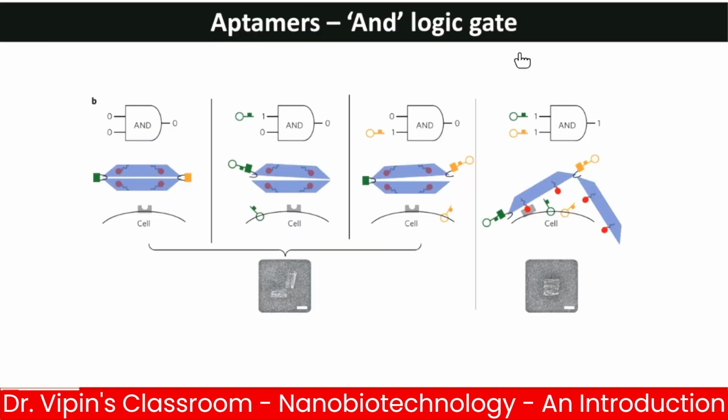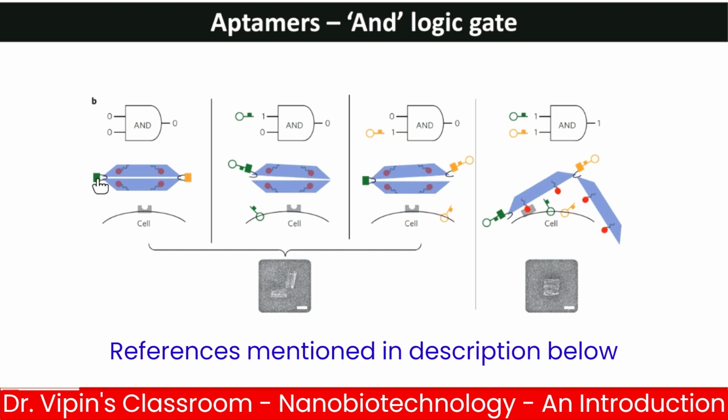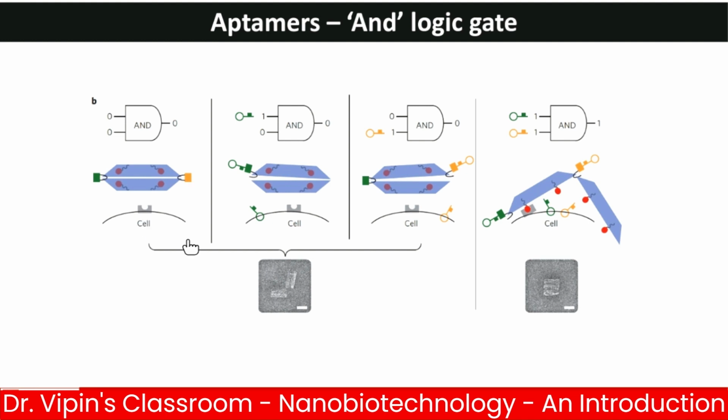So let's say you want to specifically target a subtype of cell within a large population of cells, a very specific subtype of cells. So what you can do is add two different aptamers. You have a green aptamer and a yellow aptamer, and you have a cell which has a receptor. So this cell here has only the receptor for the green aptamer.